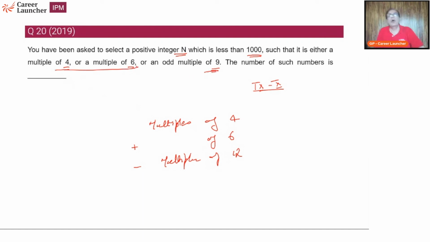Then you have to look at odd multiples of 9 also, plus odd multiples of 9. Yes, it will take you time, maybe 3 minutes, maybe 4 minutes, not an issue at all. This is a question you should be attempting.